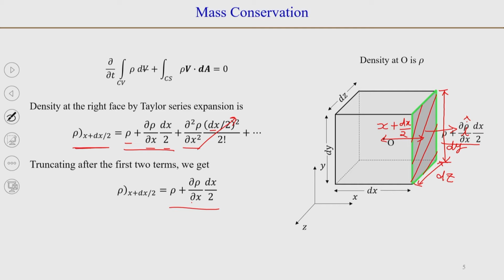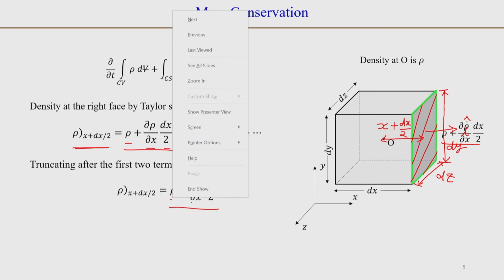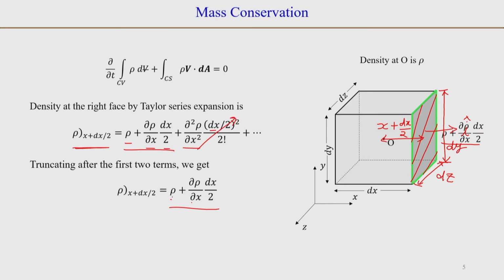So, that is the density at point O plus the density gradient multiplied by dx by 2. Basically, considering the linear variation of density, that is the density on the right face.